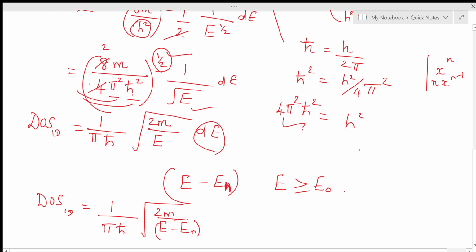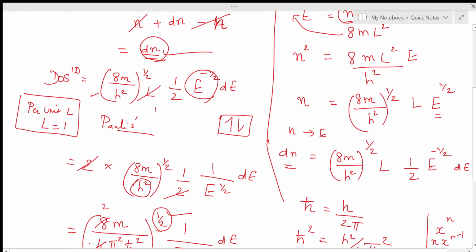Therefore, if a graph is plotted with E along the x-axis and density of states along the y-axis, then the motion of the particle in one dimension will be in this way. Only in one dimension it will move. So it seems to be continuous, but not in all aspects.